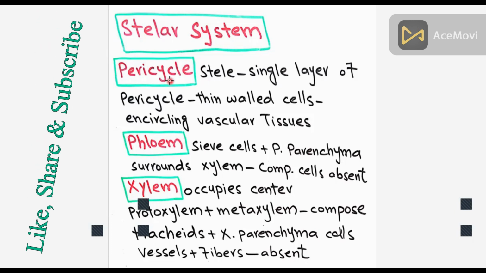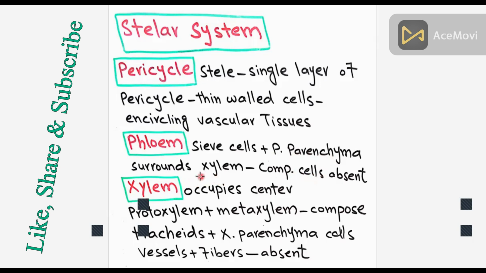Pericycle. The stele comprises a single-layered pericycle formed of thin-walled cells encircling the vascular tissues, xylem and phloem. Phloem. Next to pericycle is phloem composed of sieve cells and phloem parenchyma. Companion cells are absent.